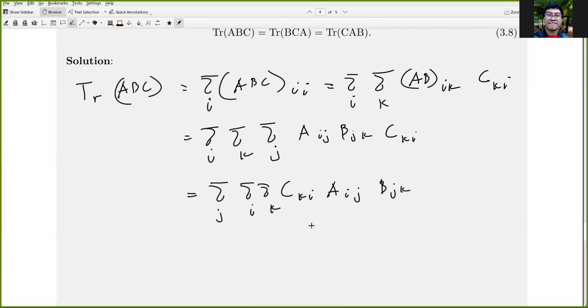That would be CA_kj, and this one here would be B_jk. We sum over all j, that would be CAB, and we're summing over all k. That's simply the trace of CAB.